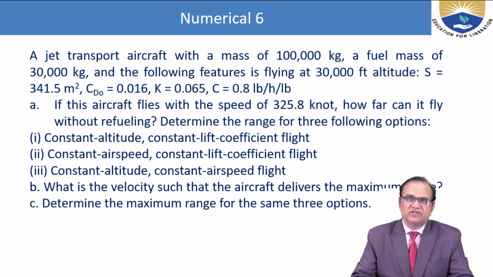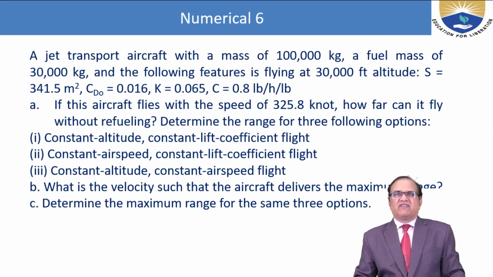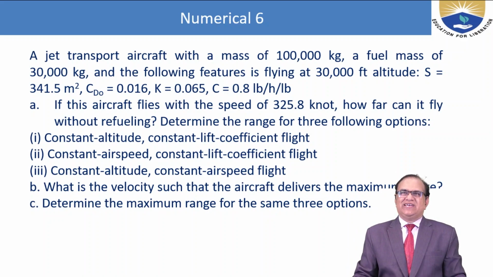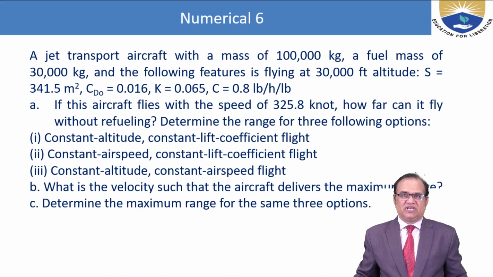S is equal to 341.5 meters square, CD naught is equal to 0.016, K is equal to 0.065, C is equal to 0.8 pound per hour per pound. If this aircraft flies with the speed of 325.8 knot, how far can it fly without refueling? Range, we have to find out.